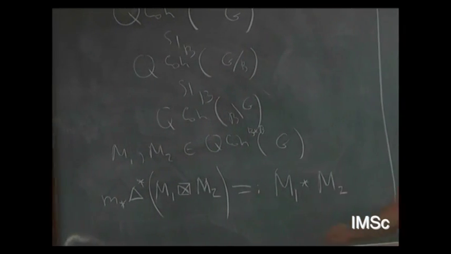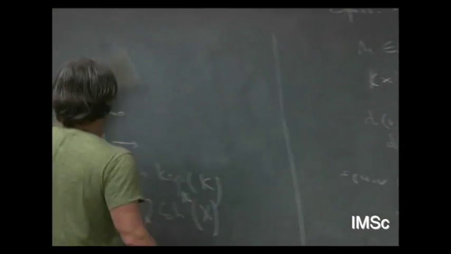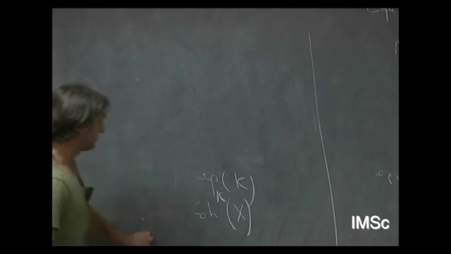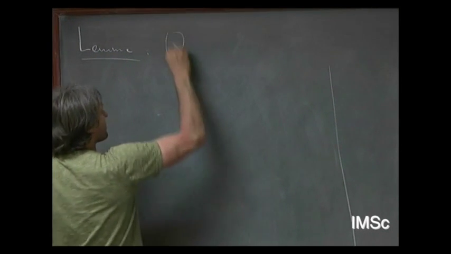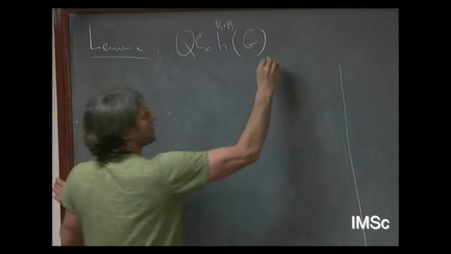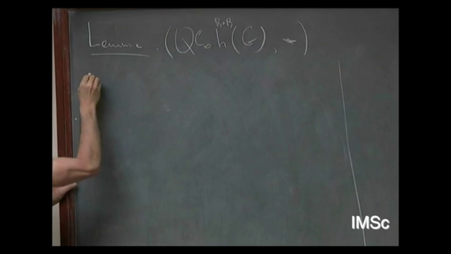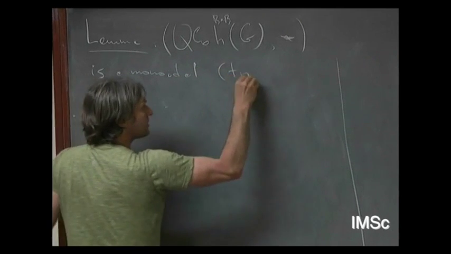Lemma: quasi-coherent sheaves on G, bi-equivariant, with this convolution product form a monoidal triangulated category.